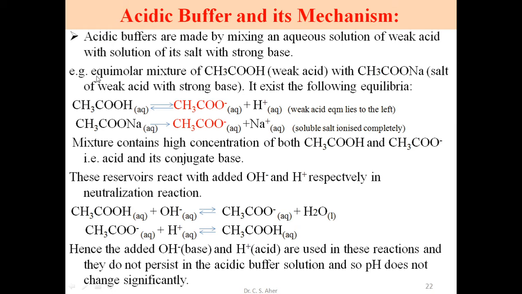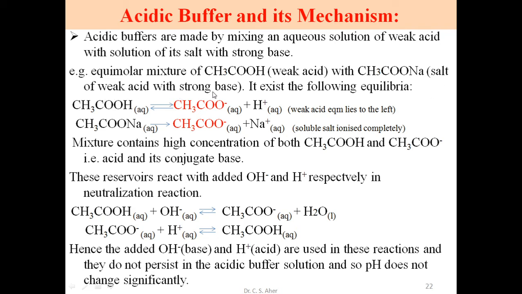So a weak acid and its salt of a strong base is called an acidic buffer. For example, an equimolar mixture of acetic acid, a weak acid, with sodium acetate. What is sodium acetate? Sodium acetate is the salt of acetic acid combined with a strong base, for example NaOH. It is a salt of a weak acid with a strong base. What is the weak acid? Acetic acid.